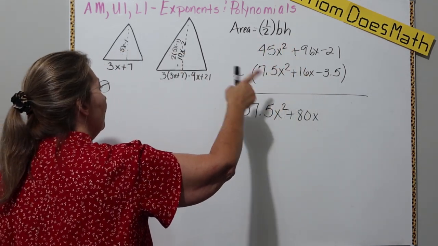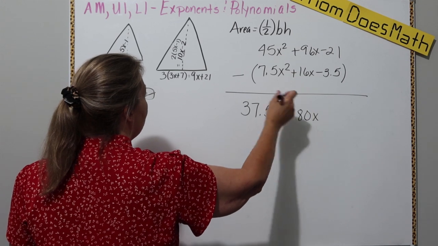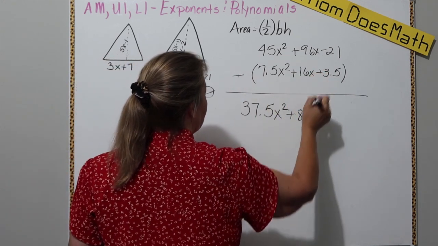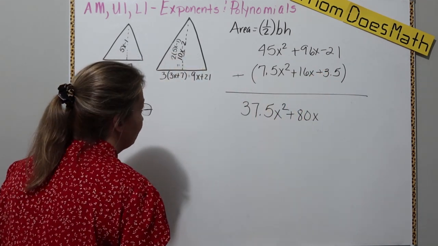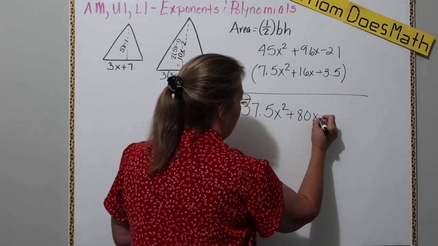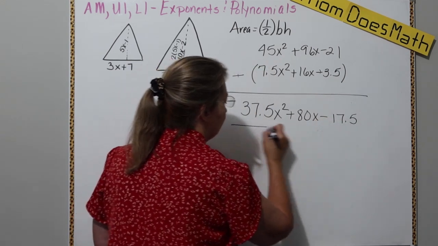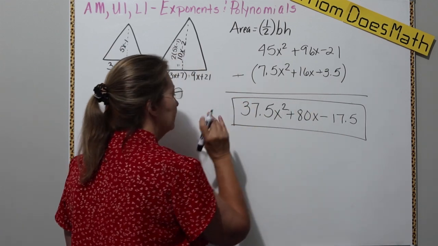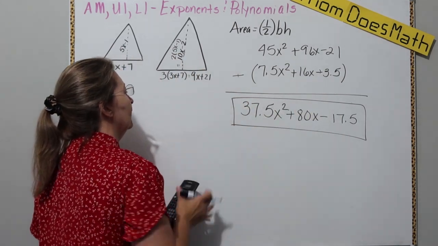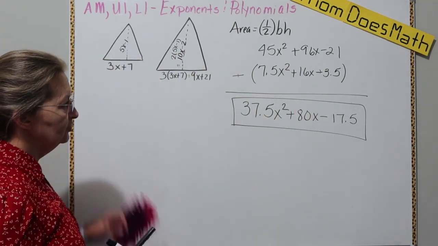And minus 21 minus negative 3.5, that's going to change to plus a positive, so that's going to be a minus 17.5. And that is the difference between the areas of triangle 2 and triangle 1.